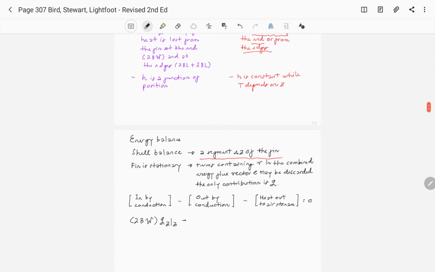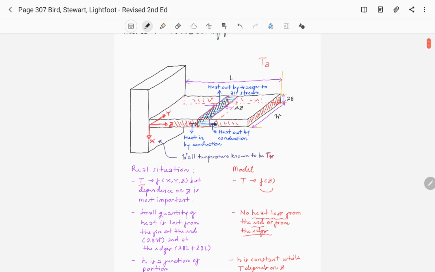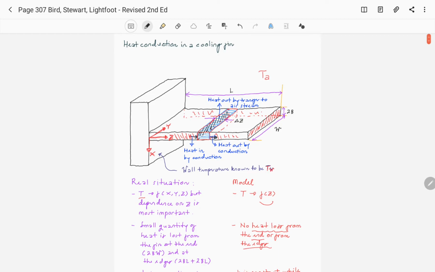So we put in here 2BW qz at z plus delta z, and then the rate of heat out by transfer to the airstream, H multiplied by 2W delta Z. Here, we only care about the area shown here, only the top one.